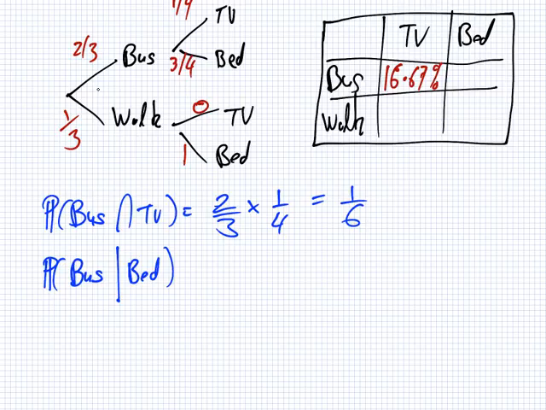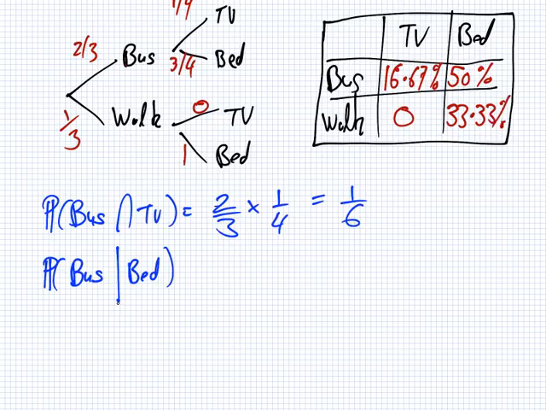Now what about walking and TV? 0. Bus and bed is 2/3 multiplied by 3/4, which is 6/12, half, so 50% of the time. And the last one is walk and bed, which is 33.33%.